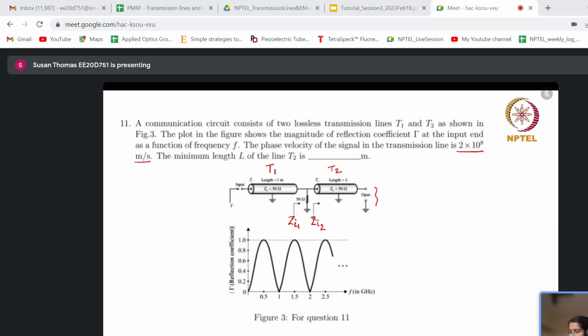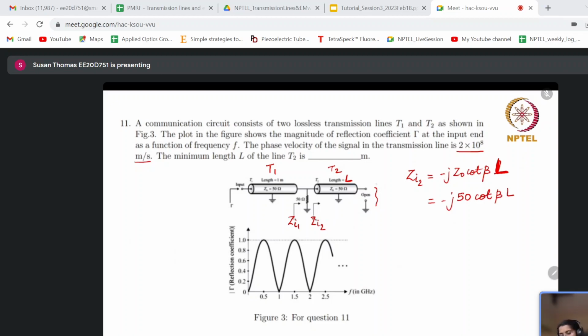For a line terminated in open circuit, whenever I write the input impedance of this line, Zi2 will be minus jZ0 cot beta L, where L is the length of this transmission line, given as capital L. And what is Z0 of this line? That is 50. So minus j50 cot beta L.